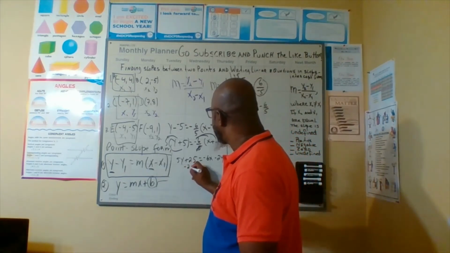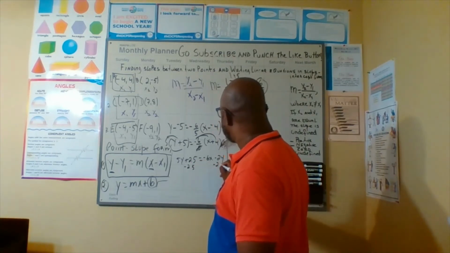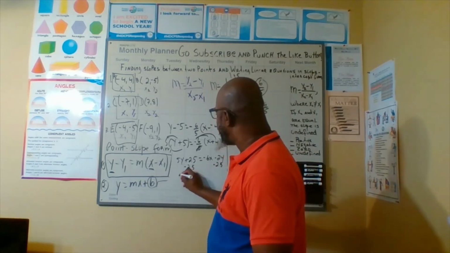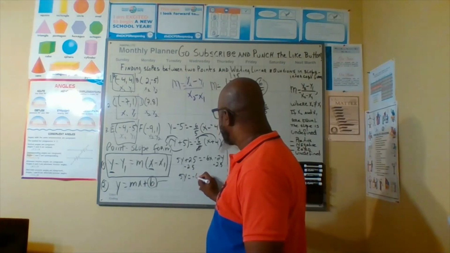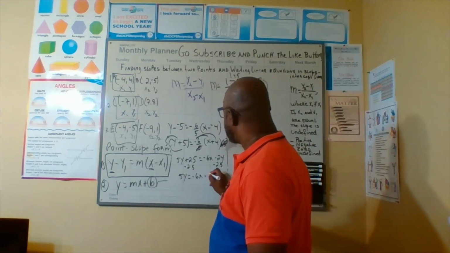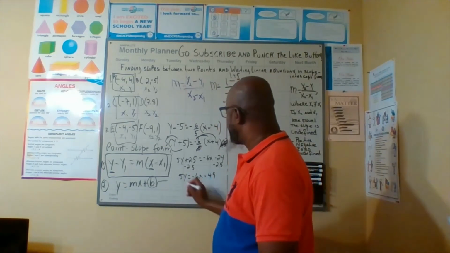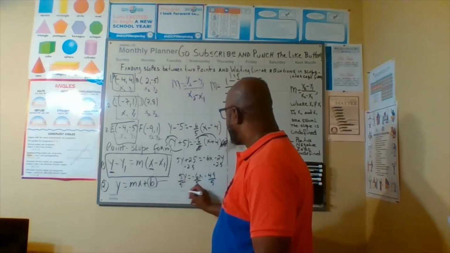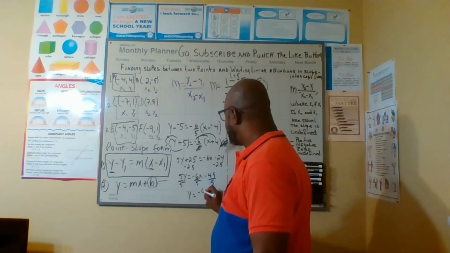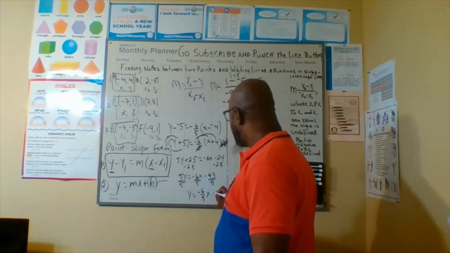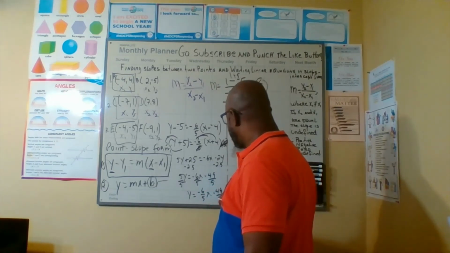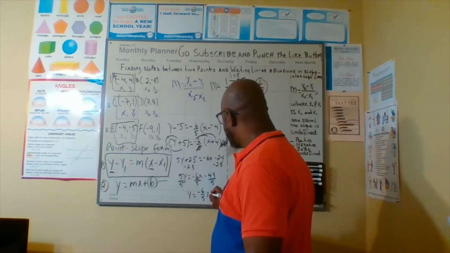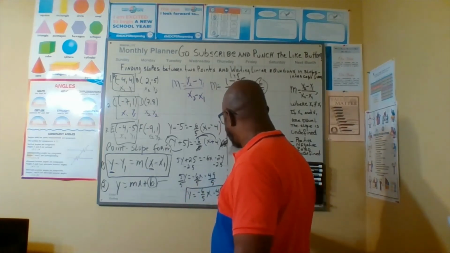You subtract 25 on each side. Now you will have 5y equal -6x minus 49, divided by 5 on each side. Then you will end up y equal -6/5x minus 49/5. This is your equation in slope-intercept form.